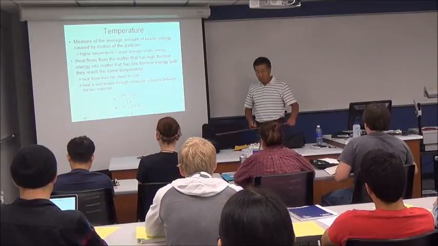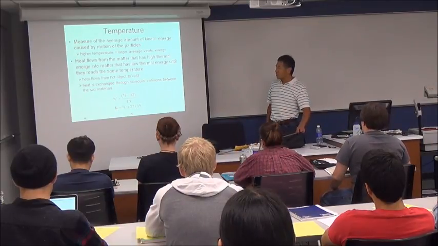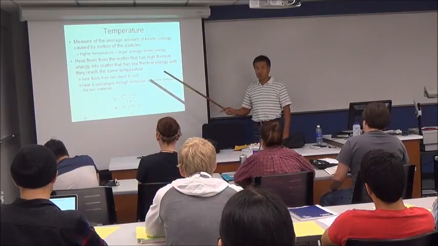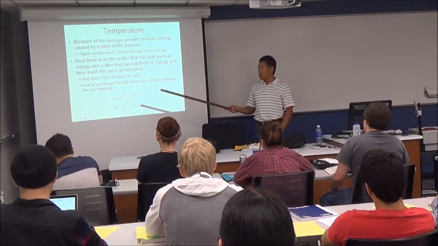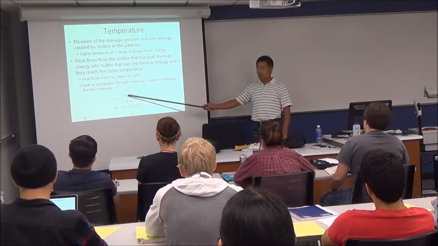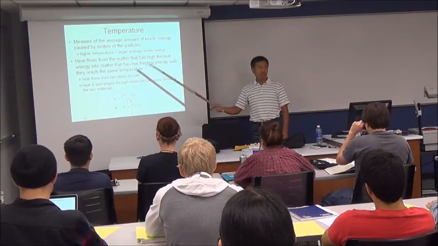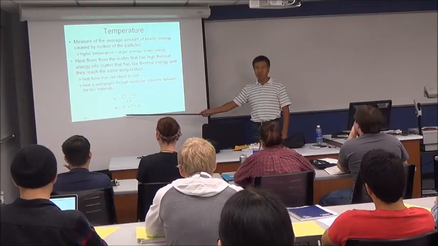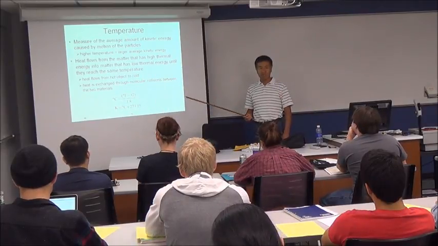Right? And I think what is important in terms of those calculations is these two formulas. You can convert between Fahrenheit and Celsius using the first one. You can convert between Celsius and Kelvin using the second equation.